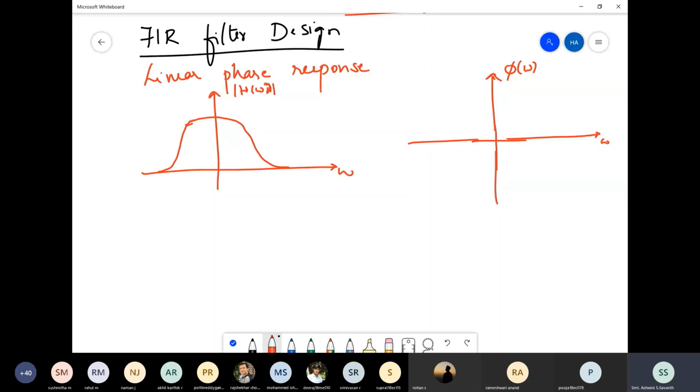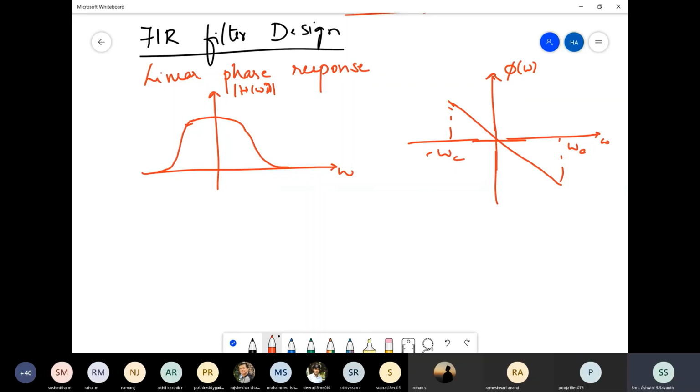It's going to be linear and having a negative slope. To be very precise, we get a negative slope but a linear phase. In the interval from minus omega c, the cutoff frequency, to plus omega c, the phase response of an FIR filter is going to be linear.